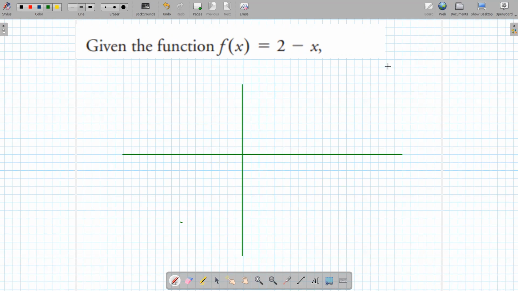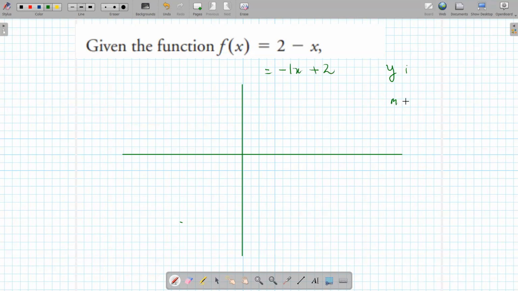So what's the y-intercept? What's the slope? It's a linear function, 2 minus x. What if I wrote it like this?